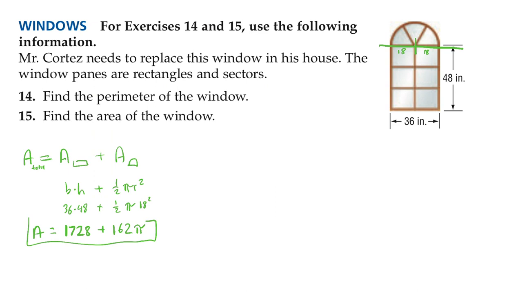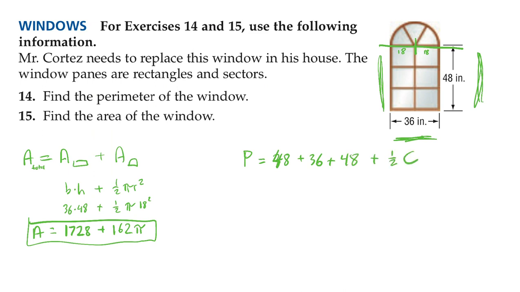Now we need the perimeter. So the perimeter here, you got three sides, so the perimeter would be this 48 plus 36 plus 48. And then we add the half of the circumference, right? Because we go halfway around a circle.